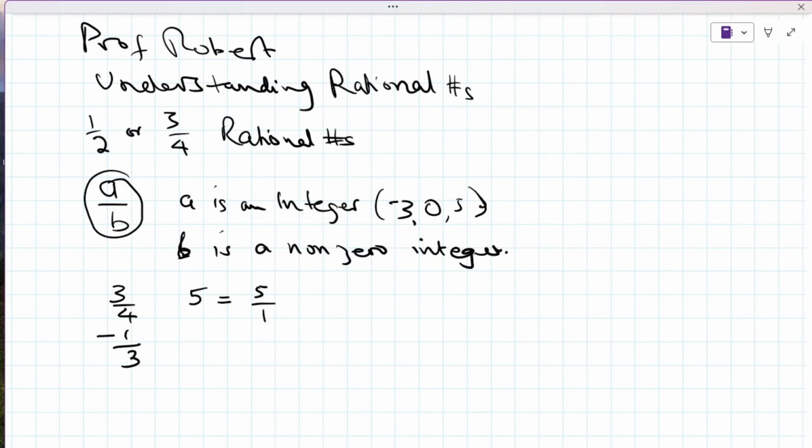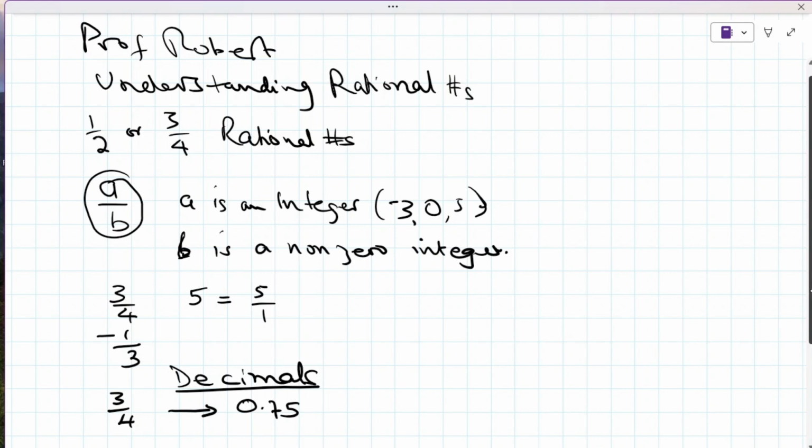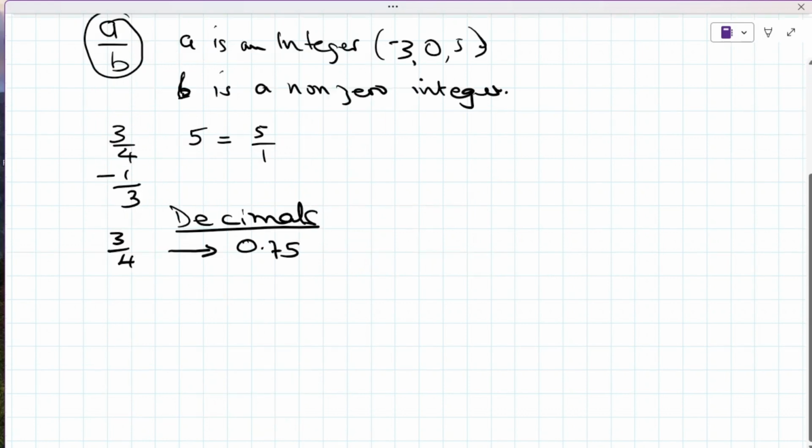Now, rational numbers can also be written as decimals. For example, 3 divided by 4 fraction can be written as a decimal, and it is equal to 0.75. We can look at another example of, say, -1/3.